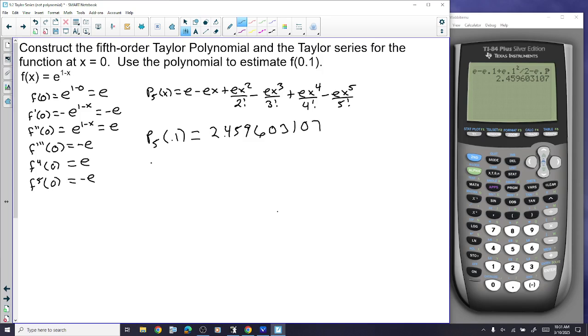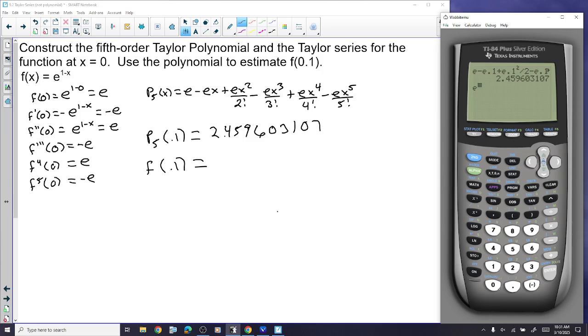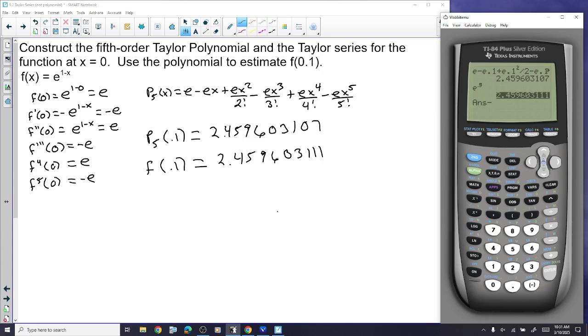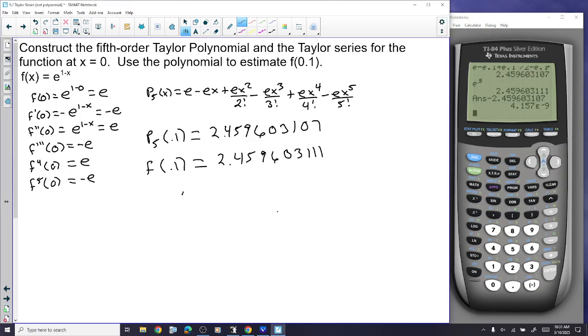2.459603107. And f of 0.1 is equal to e to the 1 minus 0.1, which is 0.9. Not bad, right? 2.459603111. So if we subtract these two, we get an error at about, what, 8, 9 decimal places?